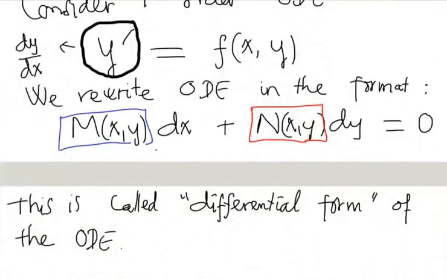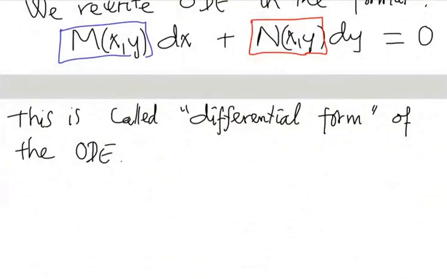So the idea is, given the differential form of the ODE, we want to recognize the left hand side as a total differential of a function. However, in general, we may not be able to do so.